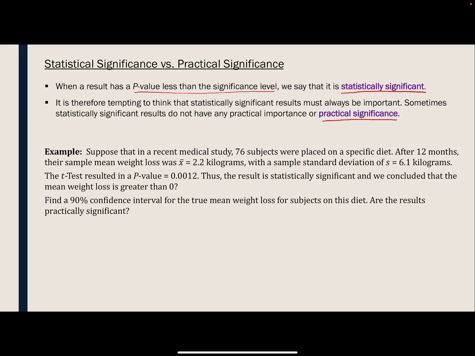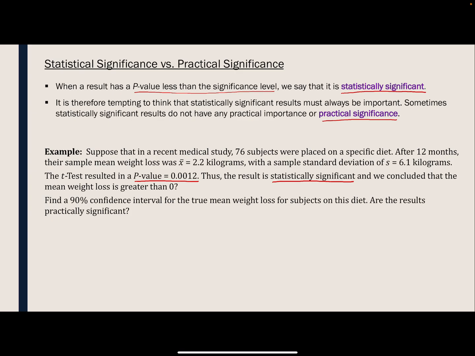So we have the mathematical conclusion of what's happening, but is it practical to make a change based on what we found mathematically? I'm using the same problem here, and we got the p-value to be pretty small, so we know that what we found in that last problem was statistically significant.